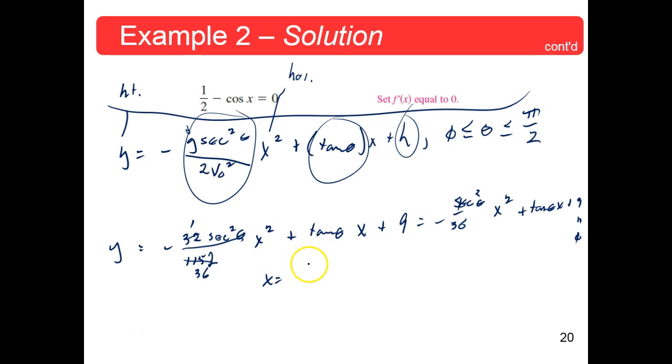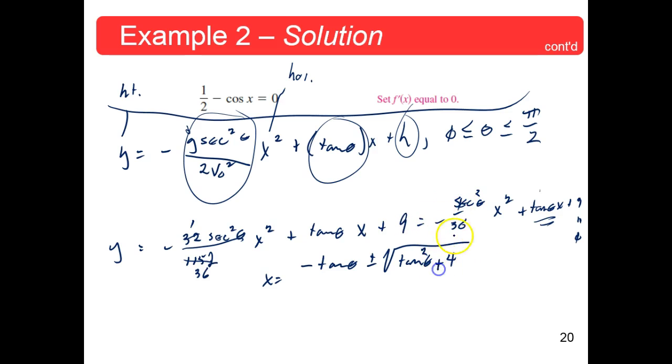X is equal to minus b, so minus tangent theta, plus or minus the square root of b squared, tangent squared theta, minus 4ac.